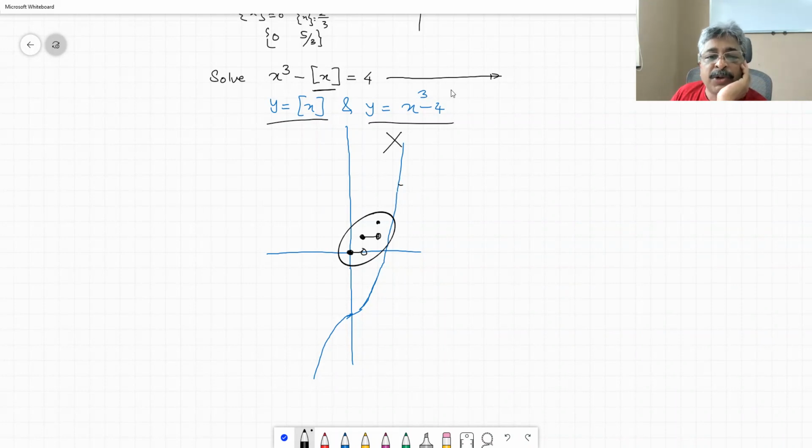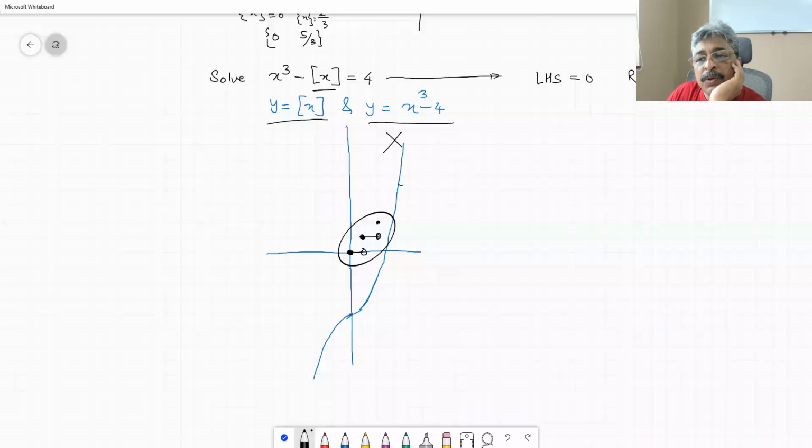So maybe this is an easy question. If you try x is equal to 0, LHS is equal to 0, RHS is 4. So x is equal to 0 will not get you near the solution at all. If you put the greatest integer as 1, you are talking about values of x between 1 to 2 now.